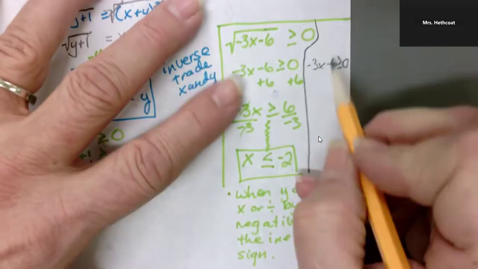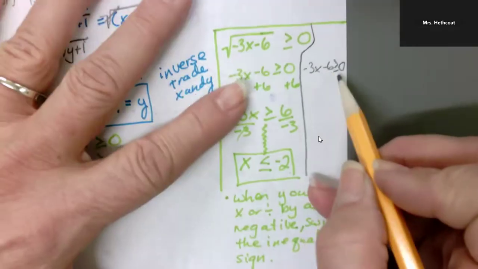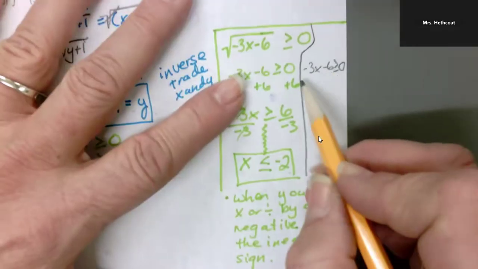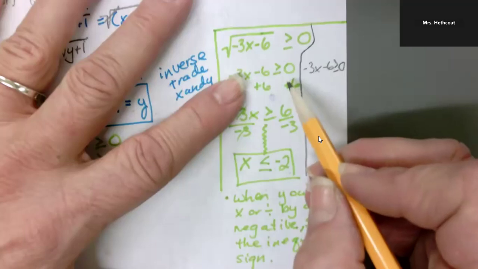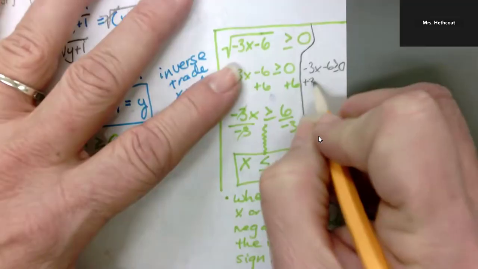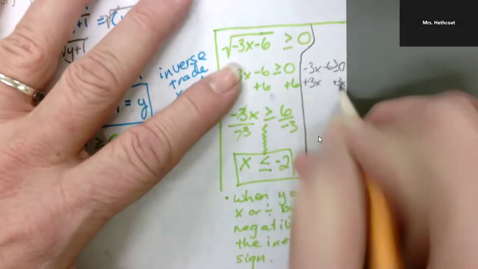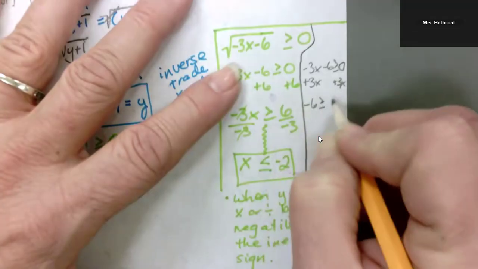Your brain, just because we've done it so many times, you're going to want to add 6 to both sides. But if you can slow down and notice that your x is negative and be like, ooh, I do not want to deal with a -3x, we could add 3x to both sides instead. And we would get -6 is greater than or equal to 3x.